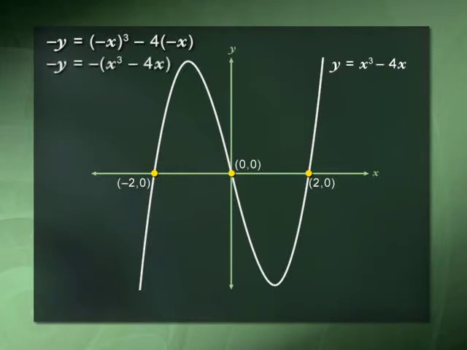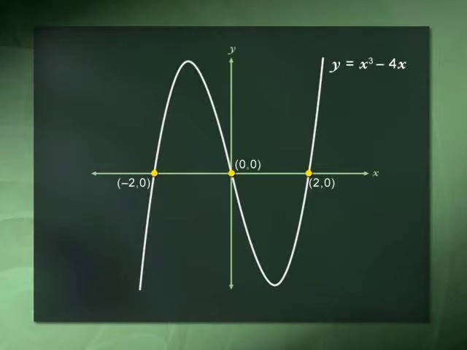I get minus the quantity x cubed minus 4x, and then the minus signs can cancel, and I'm left with the original equation, y equals x cubed minus 4x. In other words, if (x, y) is on that curve, then so is (minus x, minus y). And as you see, that curve is symmetric with respect to the origin.